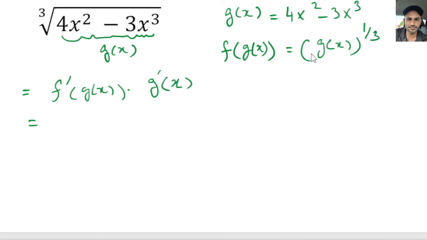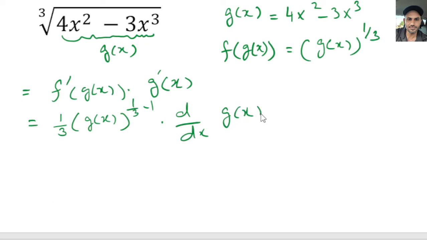So this is our f of g of x, and when we take the derivative of that, we can apply the power rule here. So it's going to be 1/3 in parentheses g of x, and we have 1/3 minus 1 times the derivative of our g of x. Okay.